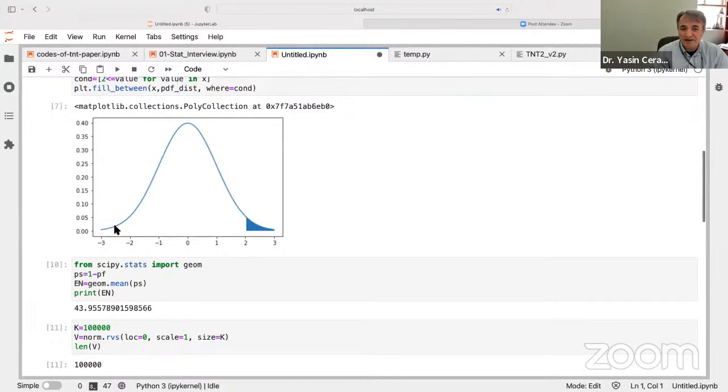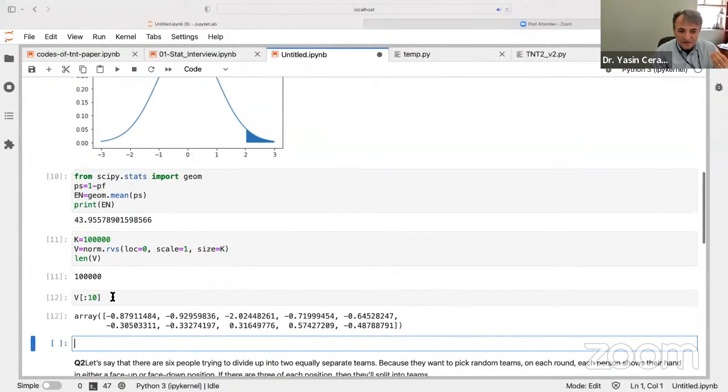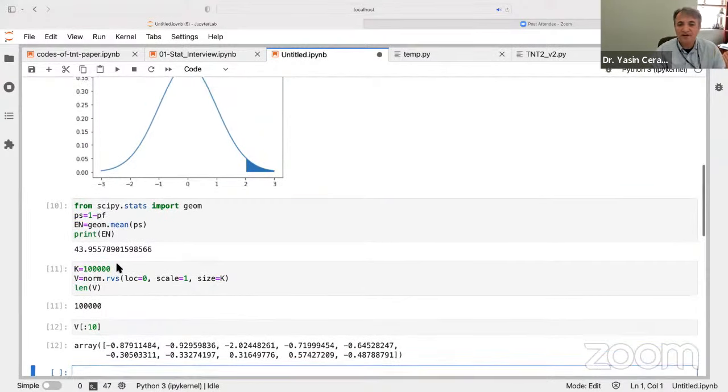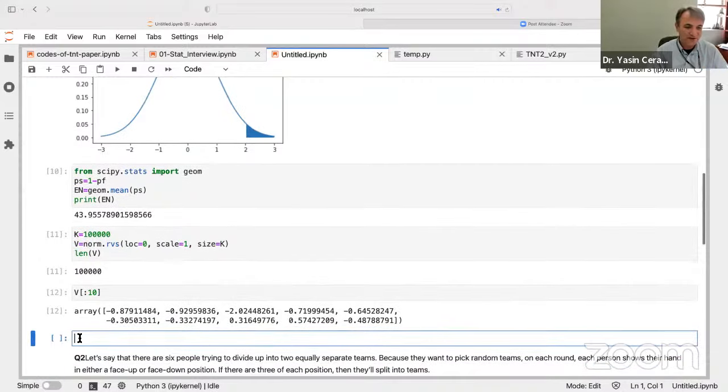Some of these numbers are greater than 2, and the majority of them are less than 2. So if I count the samples from this 100,000 which are greater than 2, and take the ratio of that to the total number of samples, it is going to give me the probability that I'm going to pick a number from this pool which is greater than 2. Right? So let's do it then.